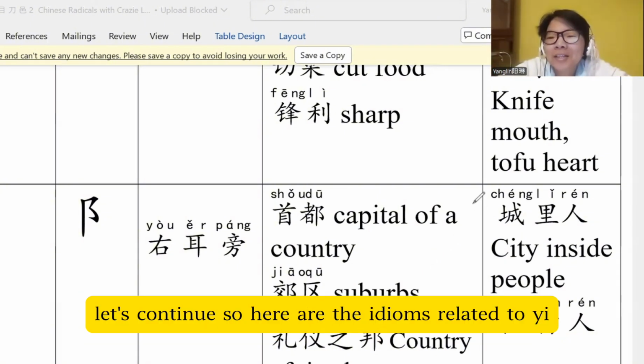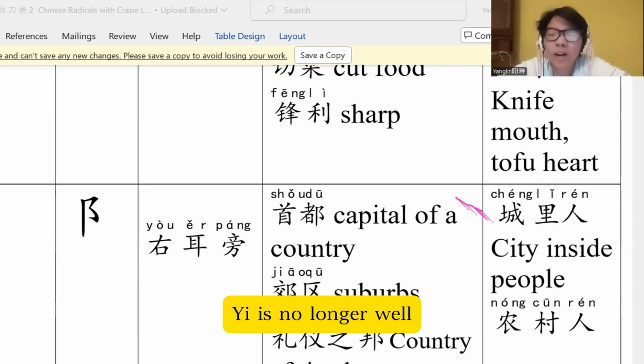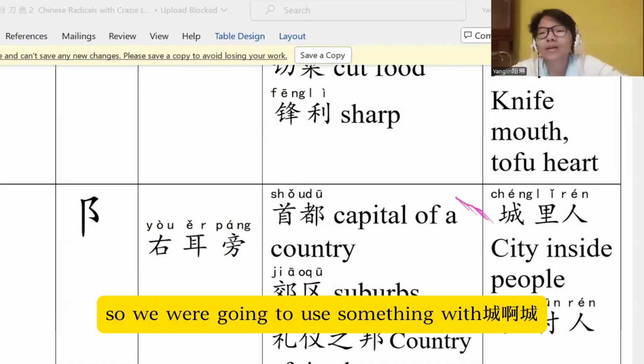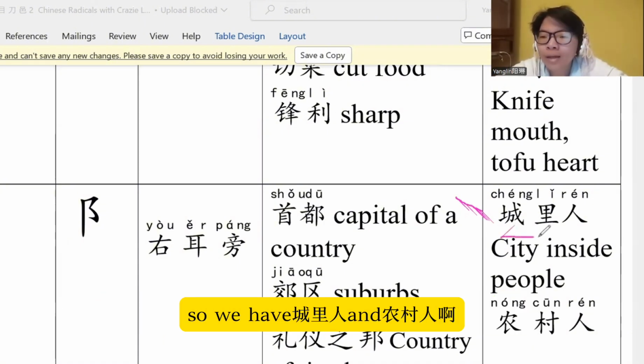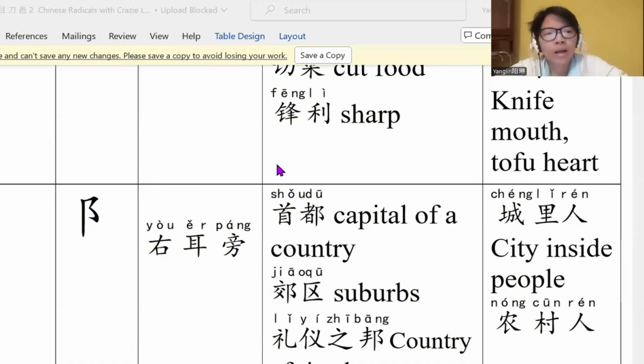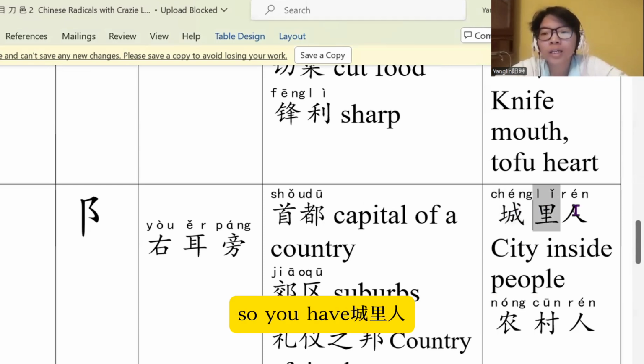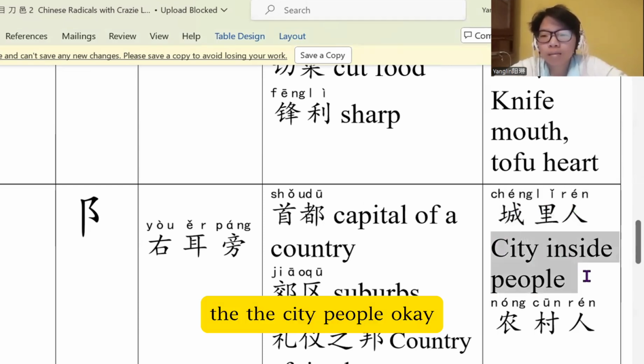Well, let's continue. So here are the idioms related to 阝. As I said, 阝 is no longer, well, not common words used at all, right? So we were going to use something with 城. So we have 城里人 and 农村人. In the United States, people talk about racism, right? But in China, people are often divided into two groups. So you have 城里人, the city people.